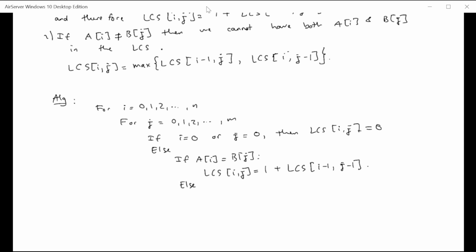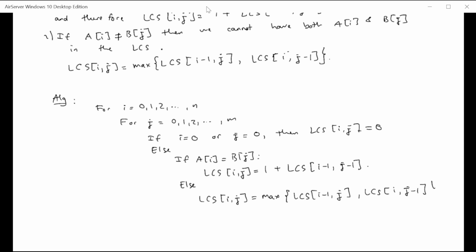Otherwise, we know that the longest common subsequence between A1 up to AI and B1 up to BJ must omit either AI or BJ. So LCS(I, J) is equal to the maximum between LCS(I minus 1, J) and LCS(I, J minus 1).